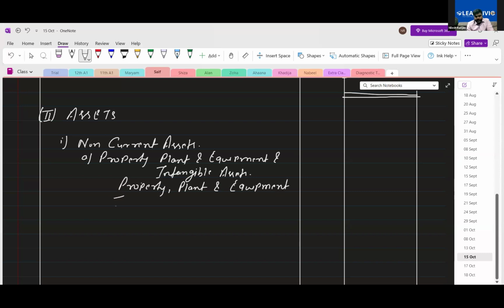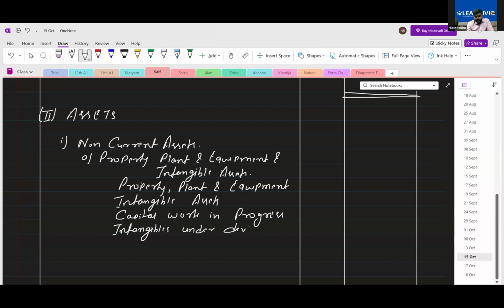Then the second item is intangible assets. Then the third item is capital work in progress. And then intangibles under development.